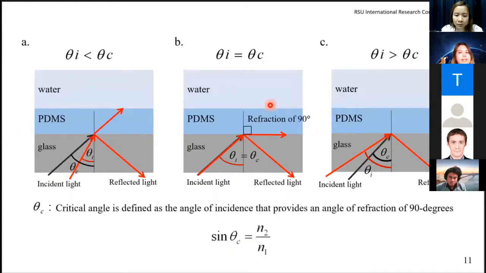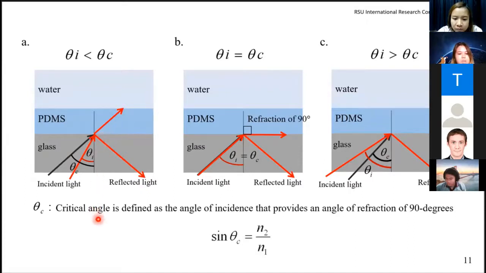And when the light is incident onto the interface of two materials, for example, in this case, the light is incident onto the gas and PDMS interface, the important parameter is the critical angle.